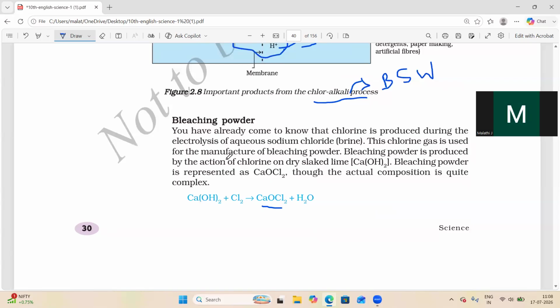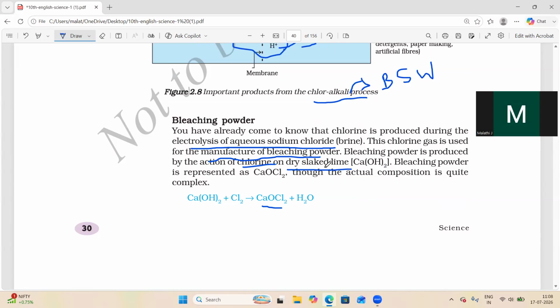If you see bleaching powder, how is it produced? It is also produced during the process of electrolysis of sodium chloride. This chlorine gas is used to manufacture bleaching powder. Bleaching powder is produced by the action of chlorine on dry slaked lime.